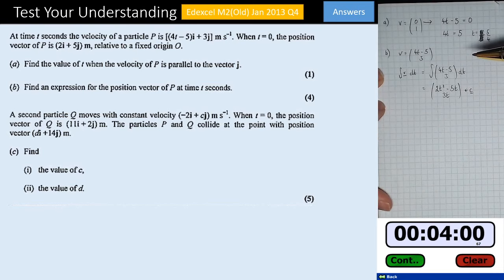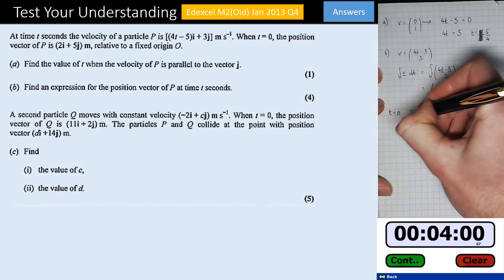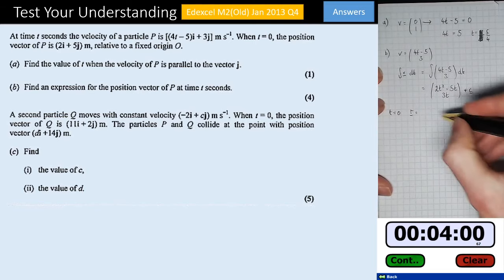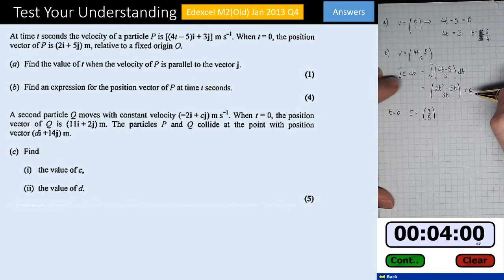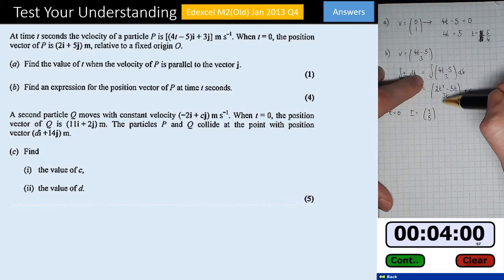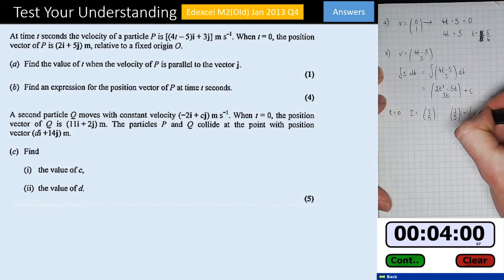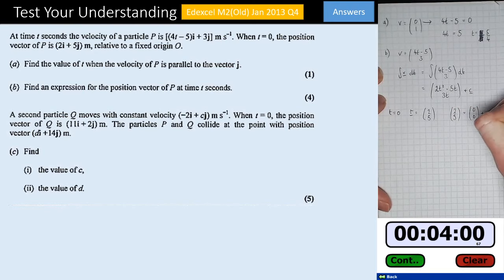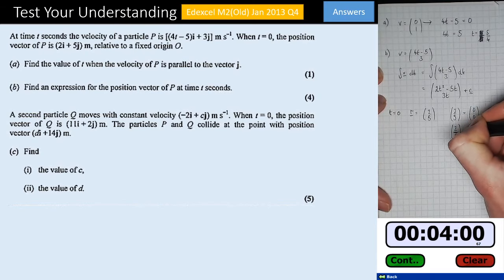What's the information that we have to find out our constant vector? We have that when t is equal to 0, our position vector is 2, 5. So when t is equal to 0, all of that is going to be equal to 0. So 2, 5 equals 0, 0 plus c, which means that c is equal to 2, 5.